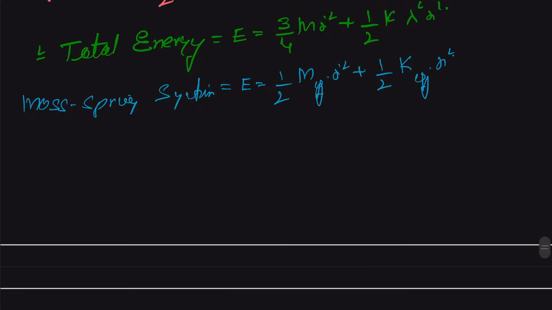So a one-to-one comparison gives us that the effective mass will be equal to 3 by 2 times m, and the effective spring constant will give us k lambda square.